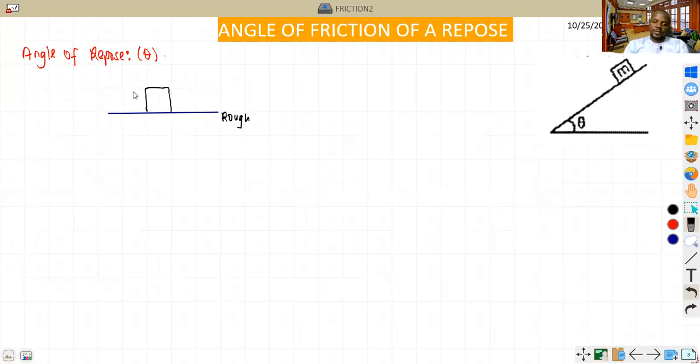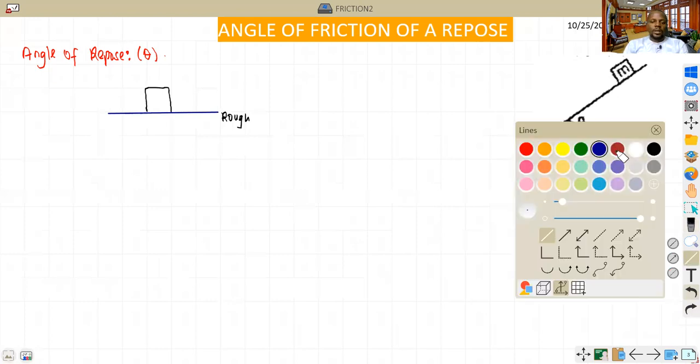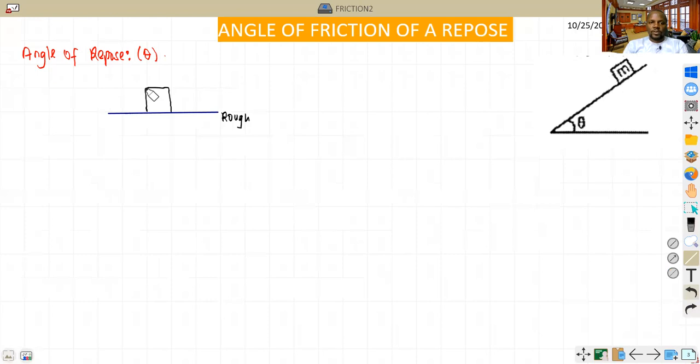So if we say we have, as I've explained, the normal contact force, the net contact force acting on a body, which I told you is called R, just for you to see. Then from this body, already discussed as well, we have a frictional force.